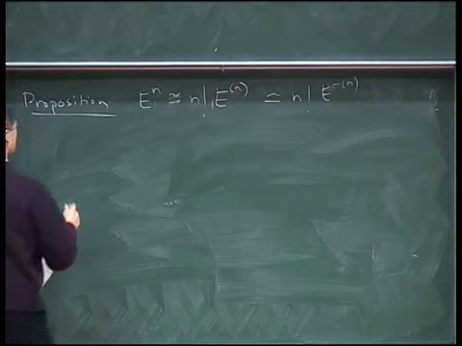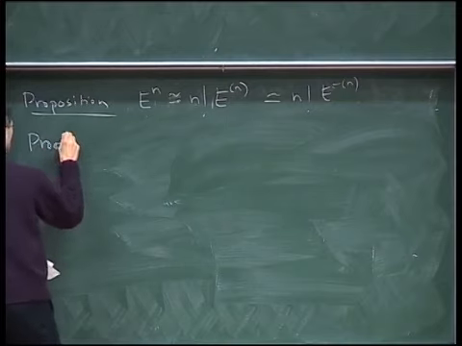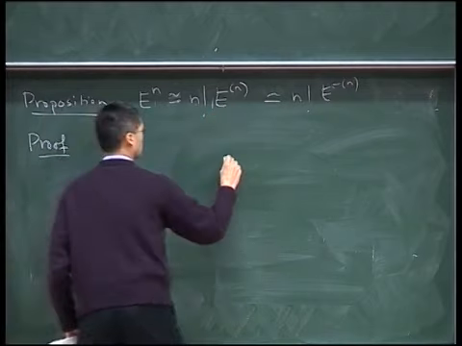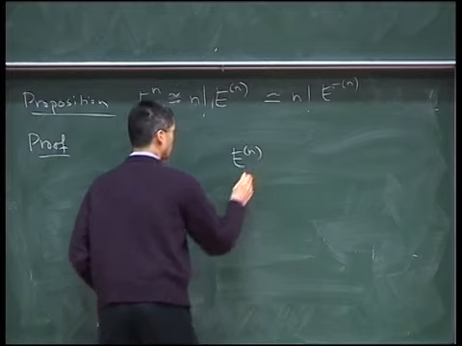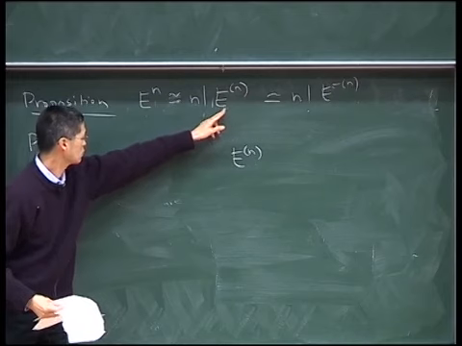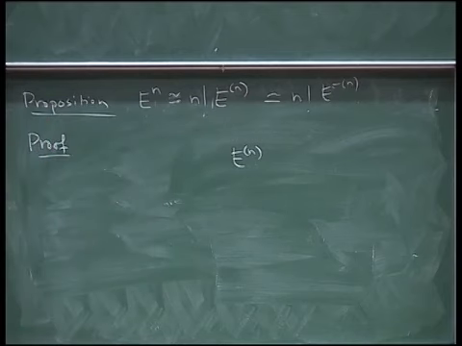Okay, and the proof goes like this. We start with the submodule or subfunctor inside here, and that was obtained by symmetrizing by the action of the symmetric group.